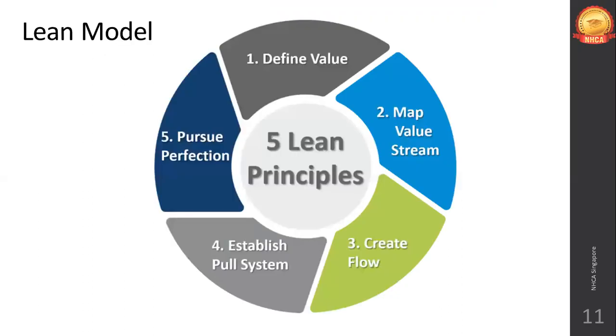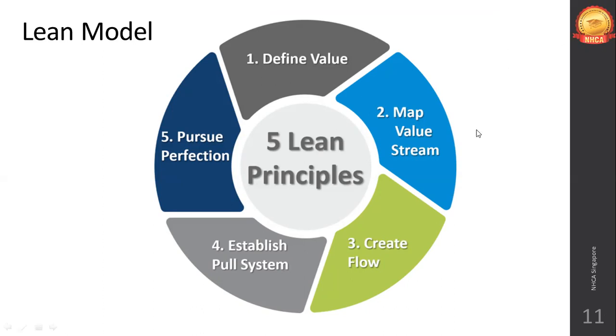The principles of the lean model: define value. Whenever you are doing a lean project, you should know what is the value for the customer. Always remember value here. What your customer feels is valuable is what should be valuable to the process.